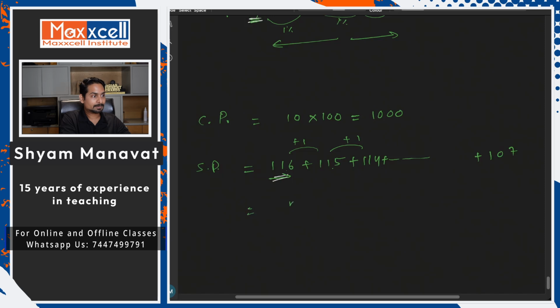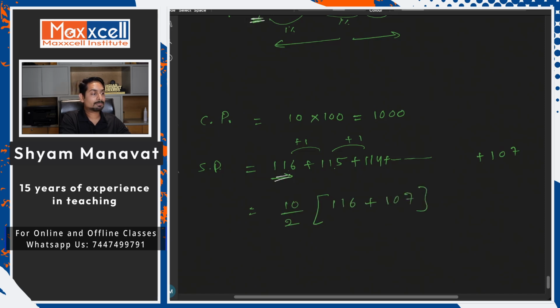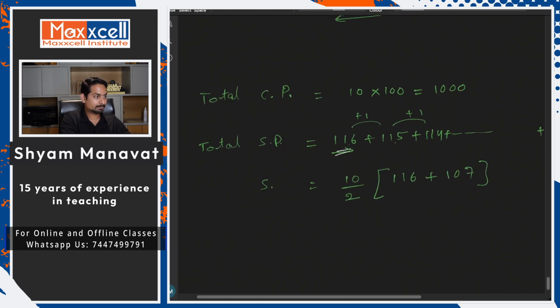So what will be the sum here? n by 2, that means 10 by 2, first term, which is 116, plus last term, which is 107. That's the formula for the sum of n terms of an AP.